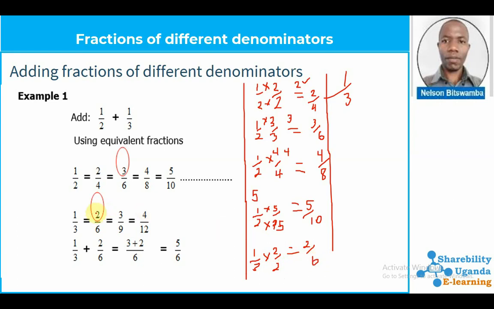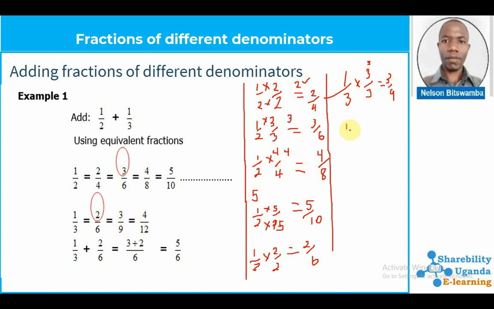You can see we have got our 2 out of 6. Then you are also going to use another number, which is 3. You multiply it by the numerator and denominator, 3 out of 3. We shall get 3 out of what is 3 times 3? The answer is 9. So we have got our 9 here as an equivalent fraction.